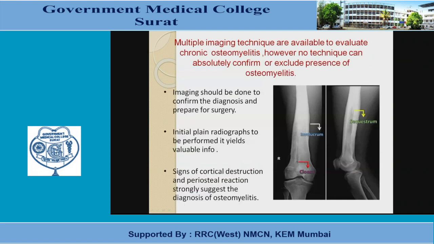On X-ray, the same, sequestra are present along with the involucrum, but multiple imaging signs of cortical destruction and periosteal reaction strongly suggest the diagnosis of osteomyelitis. In long-standing cases of osteomyelitis, the cortical thickness is reduced, associated with osteoporosis or osteopenia with a multiple moth-eaten appearance, which is not seen in acute osteomyelitis.